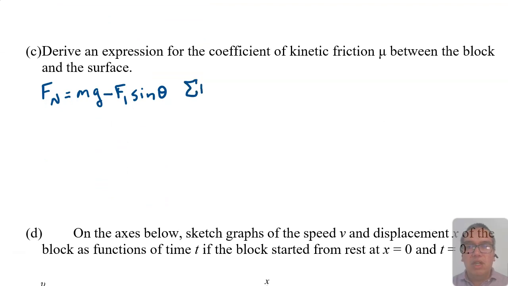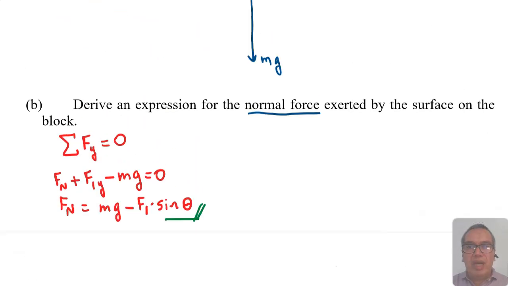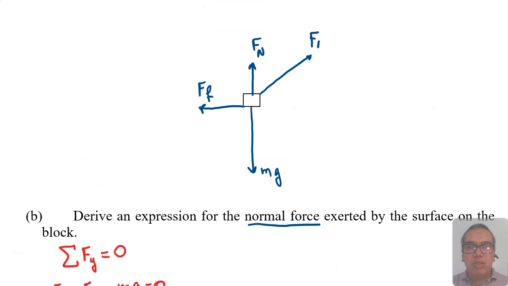Therefore, the sum of all forces in the x direction is not equal to 0, but it is equal to mass times acceleration a1. Take care that the acceleration is not only a, you have to use exactly the symbol that they give you. So, the forces in the positive and negative x directions are only 2.